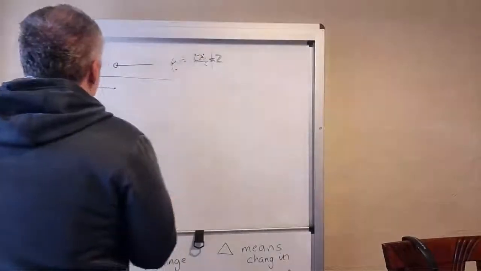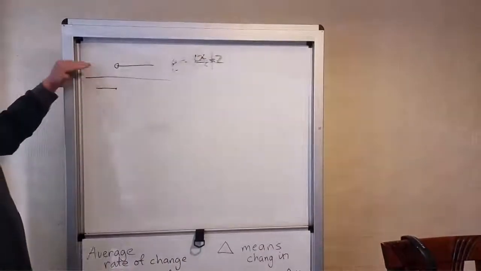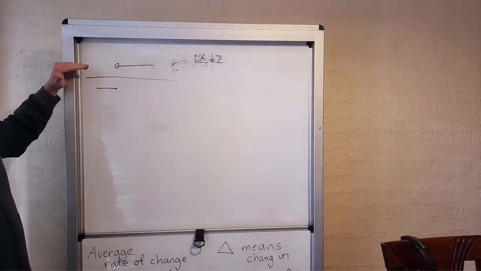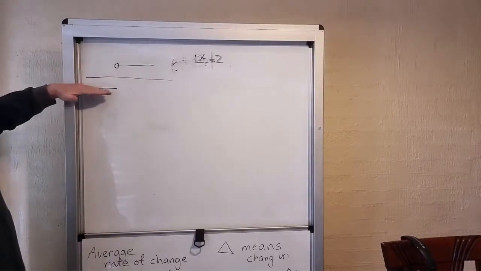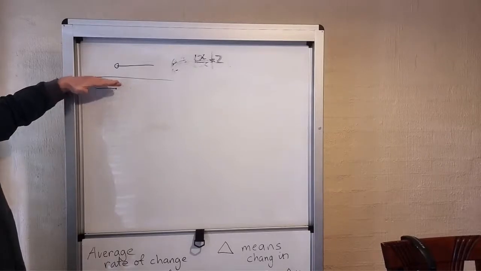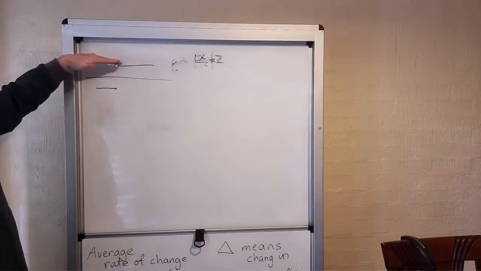Okay? But there are some functions, particularly around absolute values, that go on the bottom, then at 0, jump up. Okay?